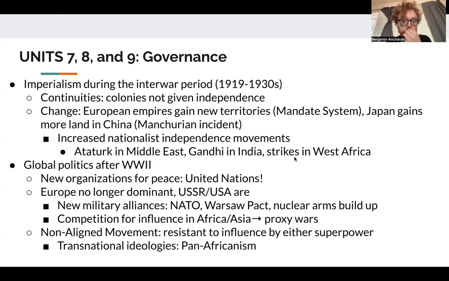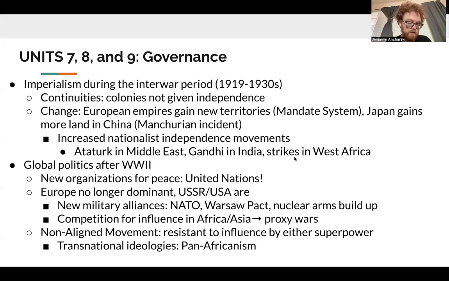Global politics after World War II, the big thing: the UN, the United Nations, international organizations for peace. Another big shift after World War II is that Western Europe is no longer the dominant power that it was during the age of imperialism. Instead, it's the Soviets and the Americans. That's the Cold War summed up. The Cold War was primarily caused over ideological hostility to communism and capitalism, respectively.